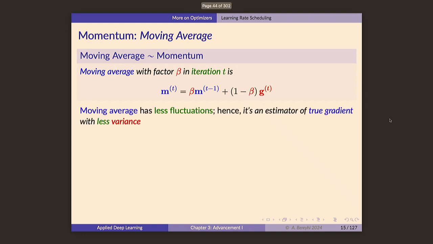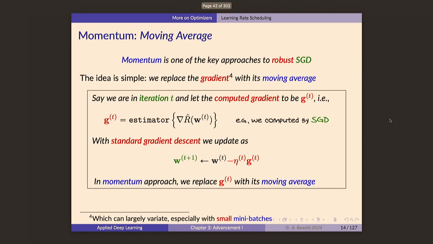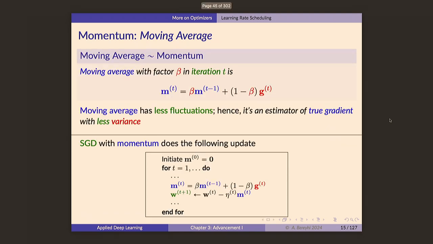So the only difference now with stochastic gradient descent is that instead of just replacing the gradient here, so if you look at this, you are just using the gradient that you compute in the iteration to do the update. Now instead of that, you are putting in that momentum.